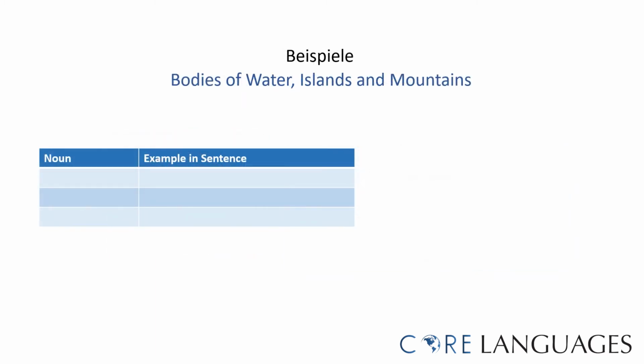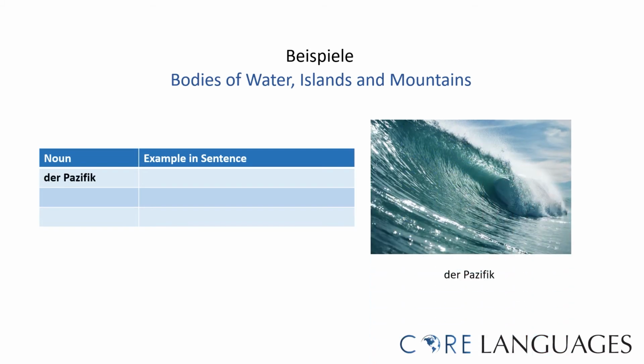Here are some examples, or Beispiele, of sentences using nouns that are referring to bodies of water, islands, and mountains. For example, der Pazifik, the Pacific. Der Pazifik ist westlich von den USA. The Pacific is west of the USA.